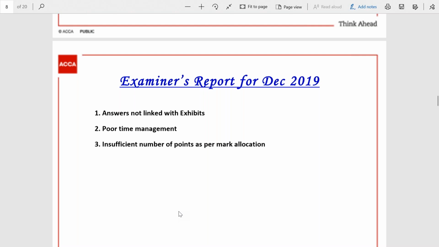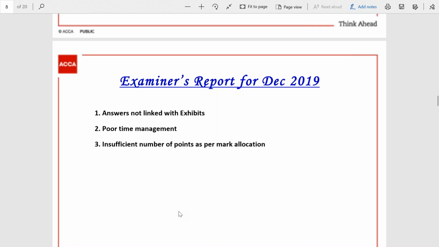The second reason why the examiner is not happy with us is poor time management. He clearly mentions that either students were not able to complete the paper, or although students were able to complete the paper, the quality of the answers towards the end was extremely bad, which shows that students were just trying to wrap up and struggled with time management.